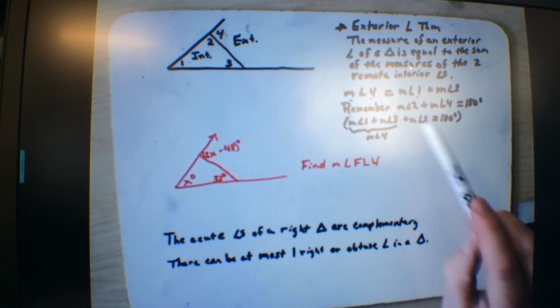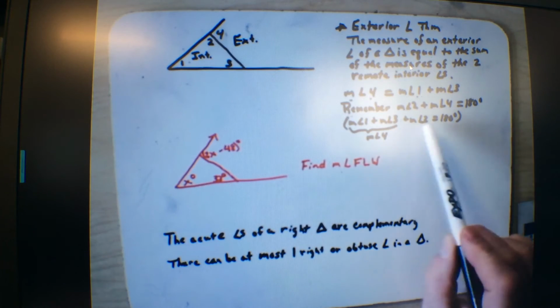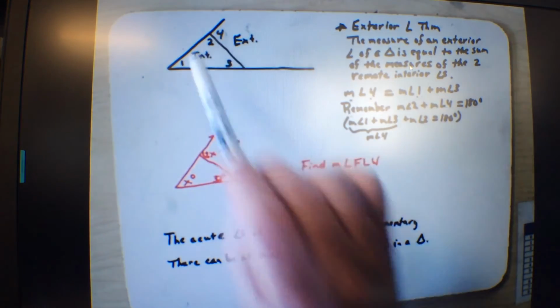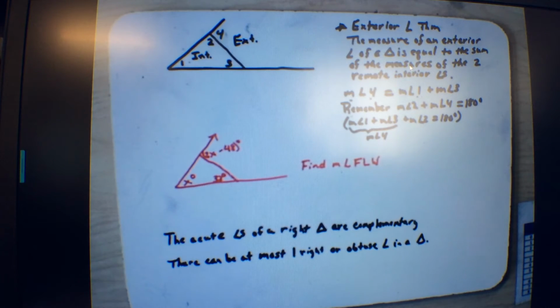And remember, angle 2 and 4 are supplementary because they form a straight line. They're 180 degrees. And 1, 3, and 2 add up to 180 degrees because they're inside of a triangle. And 4 replaces 1 and 3 because they are equal. So it all works out around that concept of the exterior angle theorem.